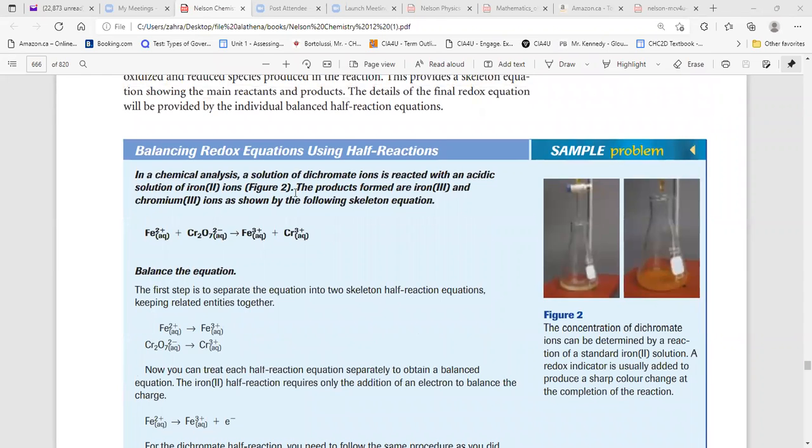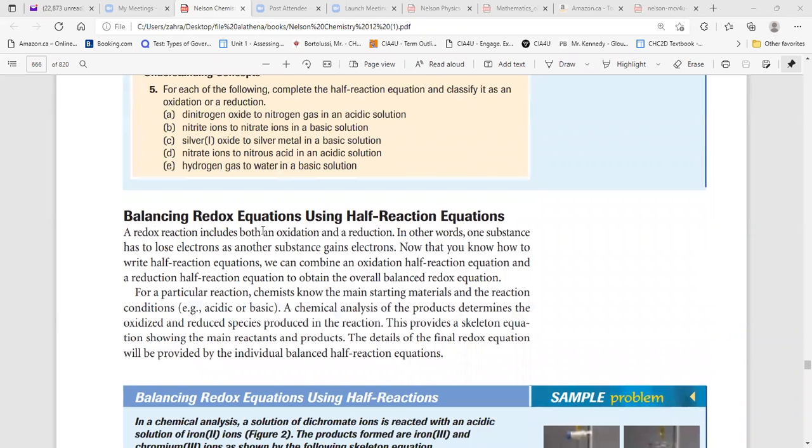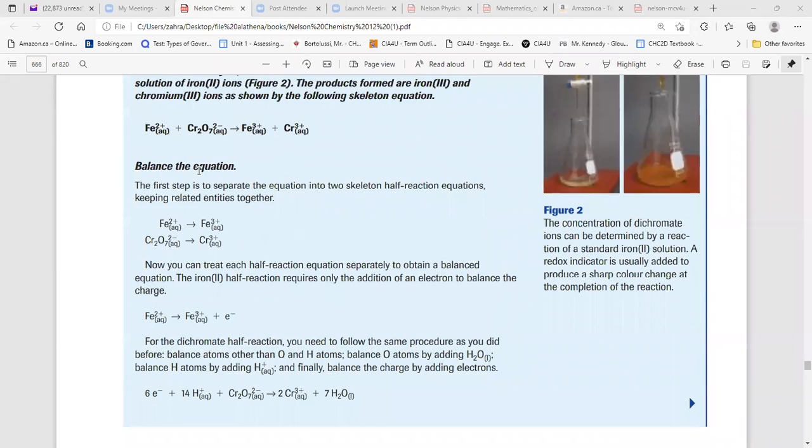Again, in the chemical analysis, we are balancing the redox equation using half reactions. We have Fe2+ going to Fe3+ and Cr2O7 2- going to Cr3+.